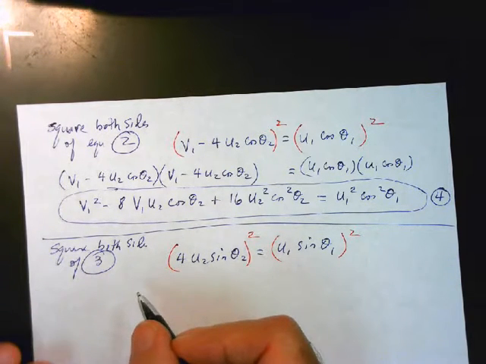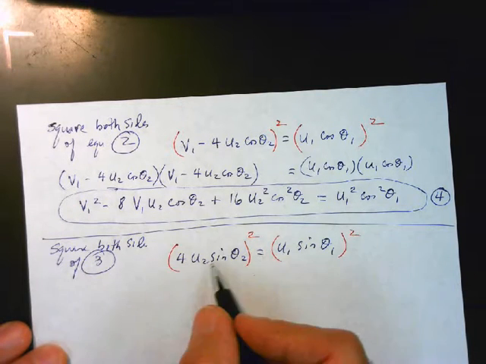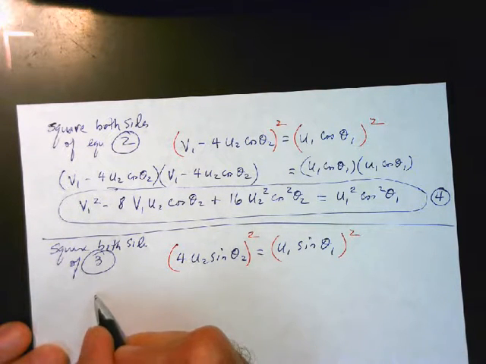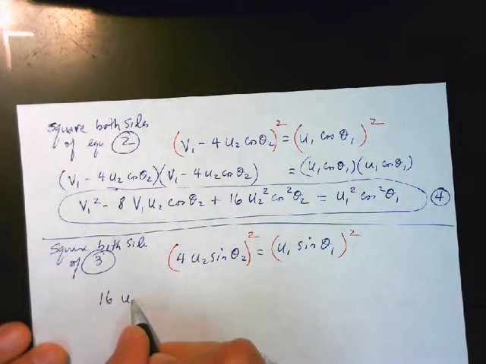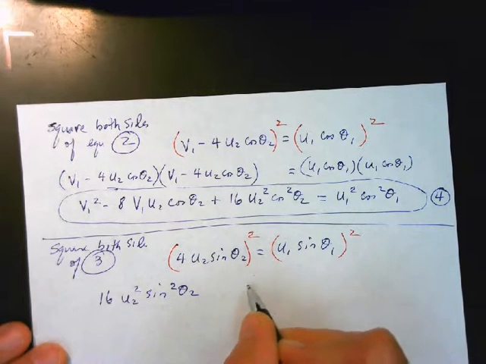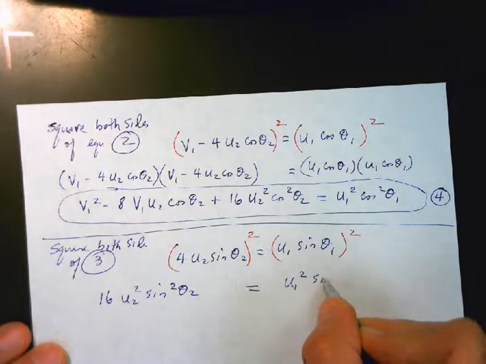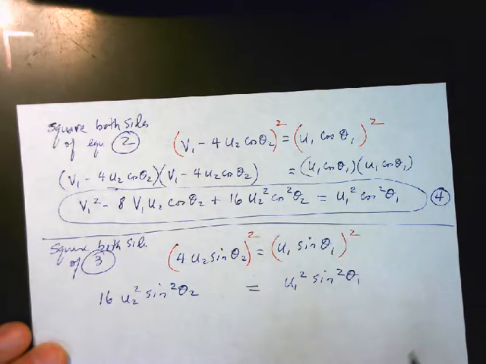And when we do that, we get 4, and I'm not going to expand it out like this. You know how to do that. So that'd be 4 times 4 is 16, U2 times U2 is U2 squared sine squared theta 2. And on the right-hand side, that'd be U1 squared sine squared theta 1.